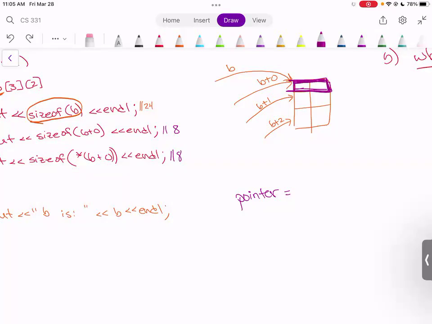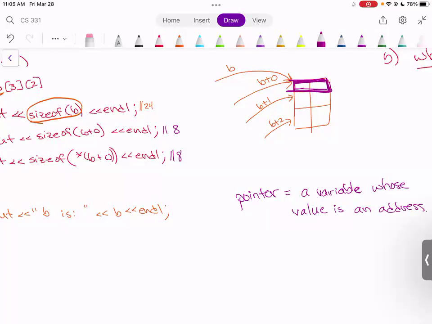Yeah. Okay, perfect. A pointer is a variable whose value is an address. That's all that is. So a variable, everybody knows what a variable is, right? Like X, Y, Z. And then all it has is just an address. The address is in hex.